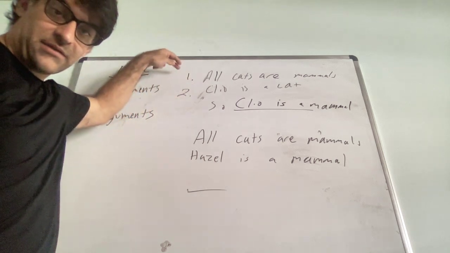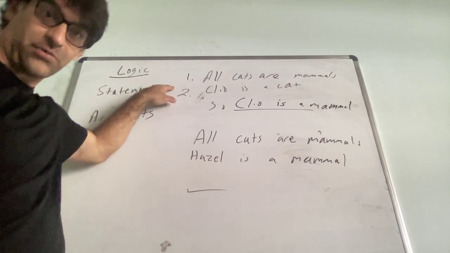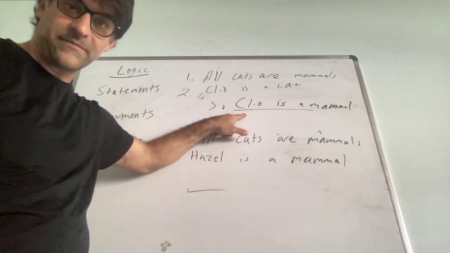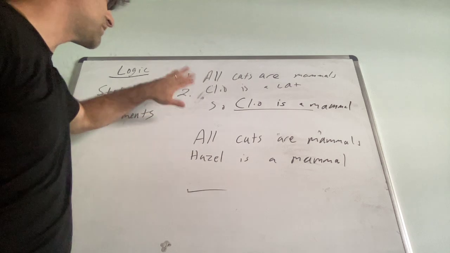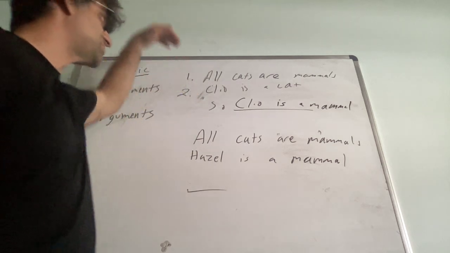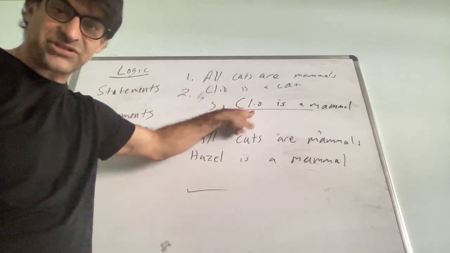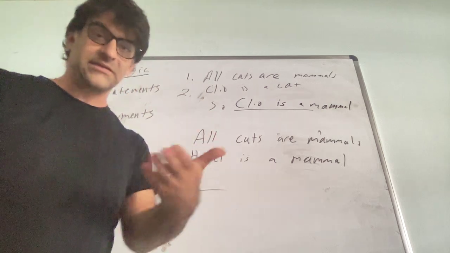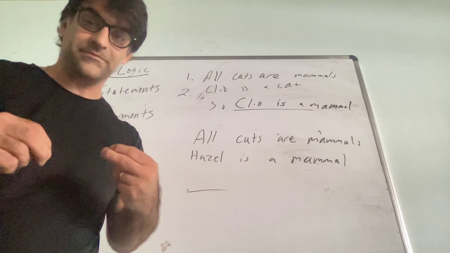If you make these two statements, all cats are mammals and Cleo is a cat, and they are both true, you have to make this conclusion. So deduction is where the conclusion is, so to speak, forced by the premises. If you state the premises, you're logically committed to the conclusion, and we'll give you another term for that to help understand that.